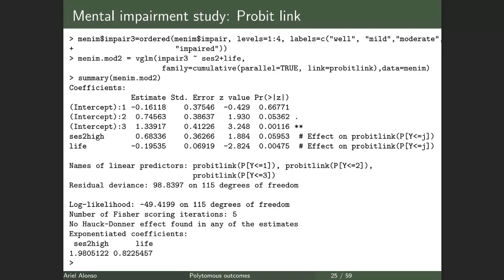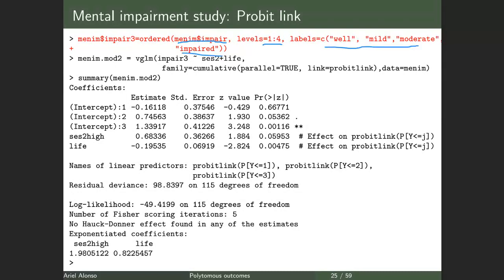Again, we are going to use the VGLM function. Now, I'm going to reanalyze the mental impairment study, but I'm going to take into account the ordinality. So I'm going to define a new variable that I'm going to call impair3, in which I say there is an order in these categories. I have here my original variable, which takes values between 1 and 4, and then here I put the levels.